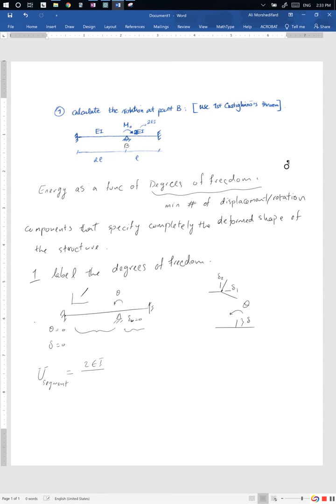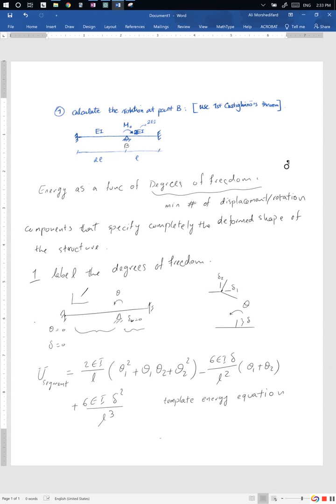So this becomes 2EI over L, theta 1 squared plus theta 1 theta 2 plus theta 2 squared, minus 6 delta over L squared theta 1 plus theta 2, plus 6 delta squared over L cubed. So you can look at this like a template energy equation.